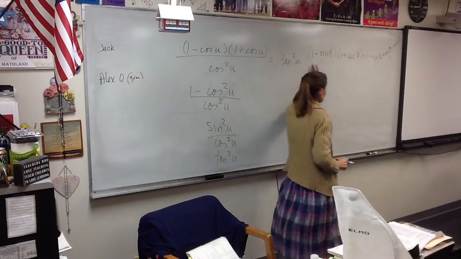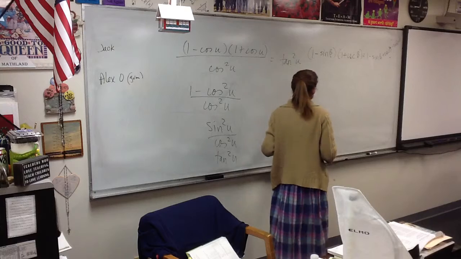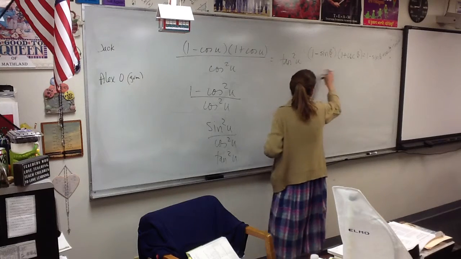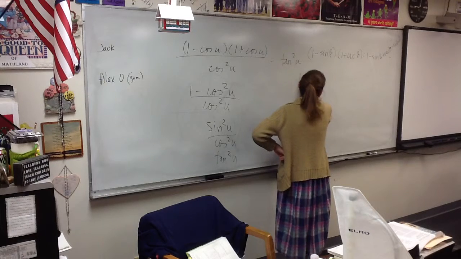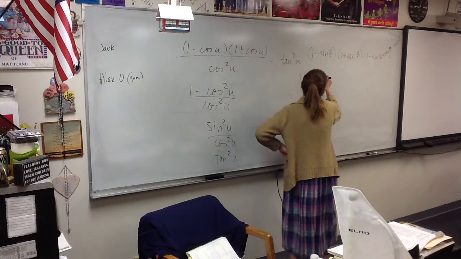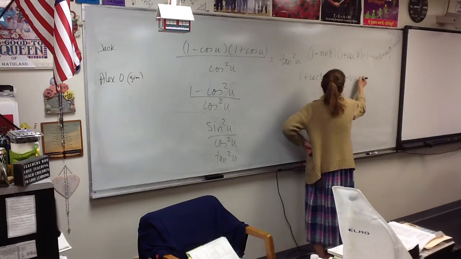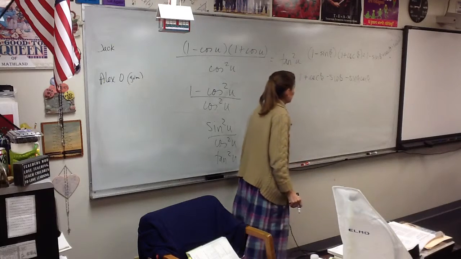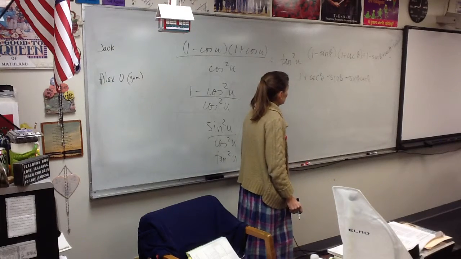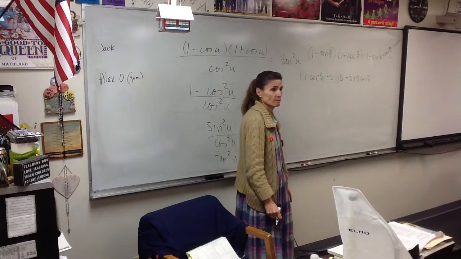I think I will just start over here and see what happens when I distribute or FOIL. So when I FOIL, here I go. First times first, outsides, insides, and last. Wait a minute. Does that match?